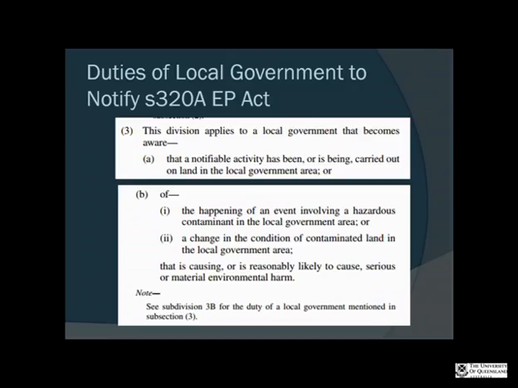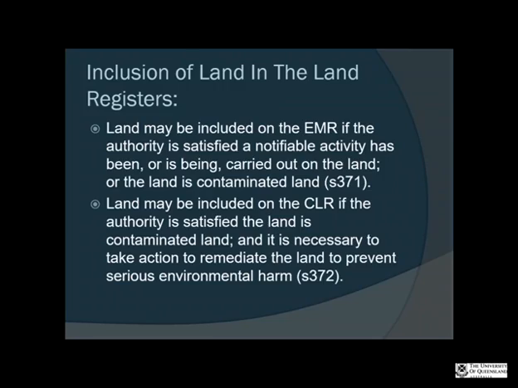So you can see the Environmental Protection Agency is trying to make use of people who might be more familiar with the site than they are in getting that information back to them as the regulator so that they know when land has become contaminated, so they can then essentially put it on the register, and we'll talk about that now. So what happens, the land is then included in the Environmental Management Register or on the Contaminated Land Register, depending on what the classification is.